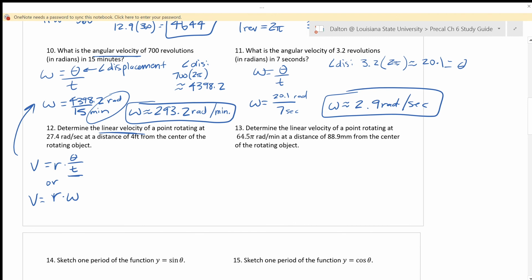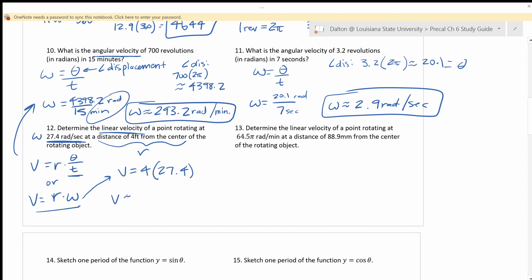Look at what I have here: 27.4 radians per second. That is omega, the rate. And a distance of 4 feet from the center is the radius. So this is actually a very simple problem. Using the second equation, v equals the radius, 4, times 27.4 radians per second, giving me a velocity.